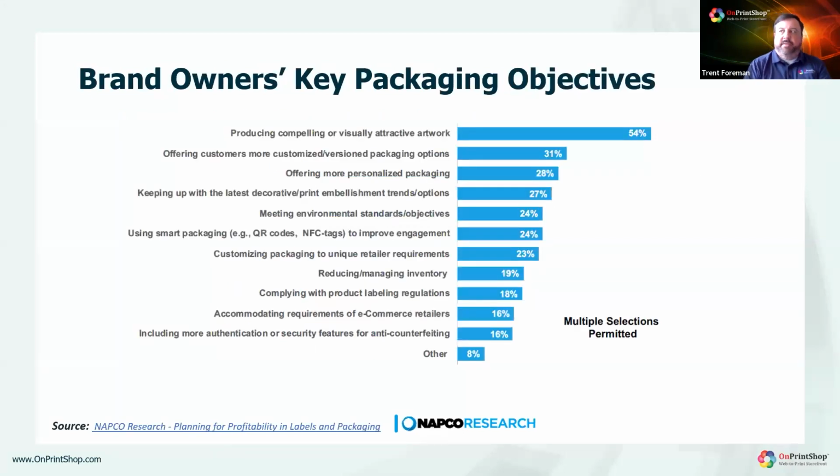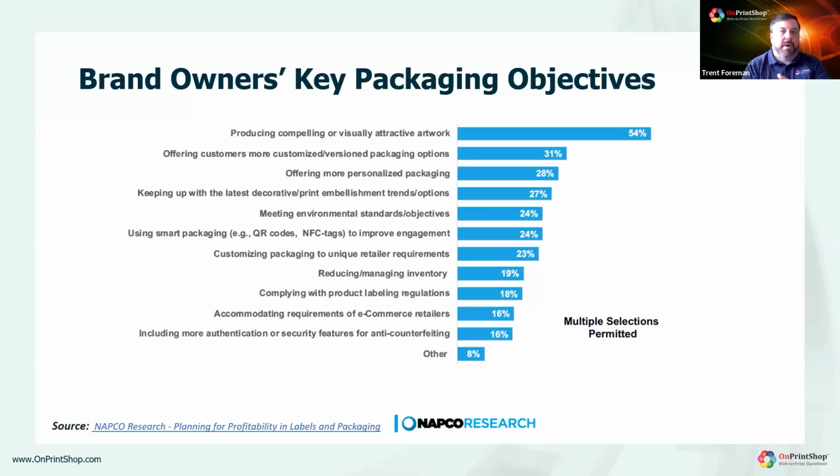So when we talk about our objectives on packaging, obviously producing that compelling, visually attractive artwork is at the top of the list. And again, when you're talking about label printers, like Epson, I had a conversation with one of our customers in Canada, Jeff over at Lacoste Printing. He's talking about, he had kind of put his eye on maybe that new Epson label printer.